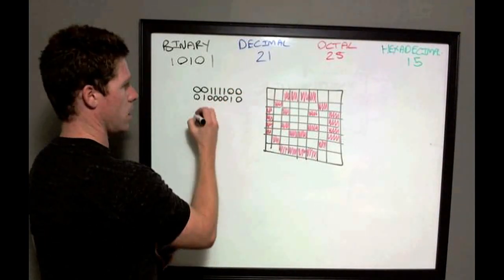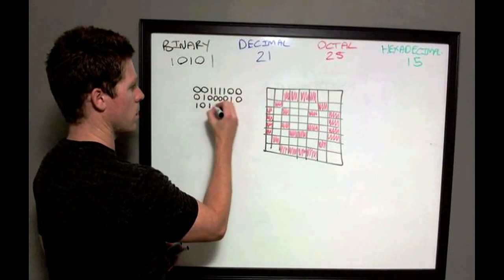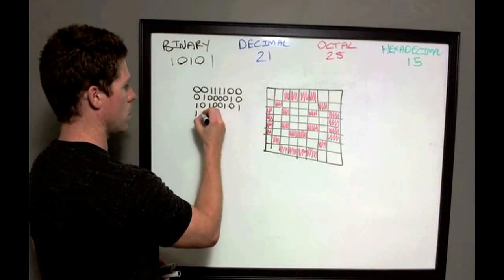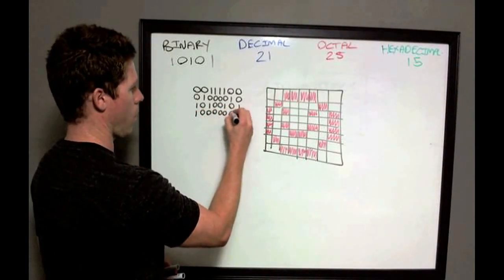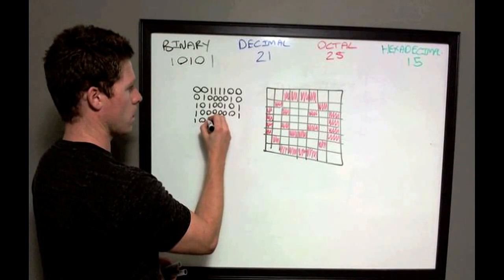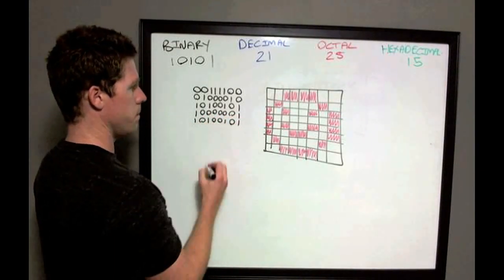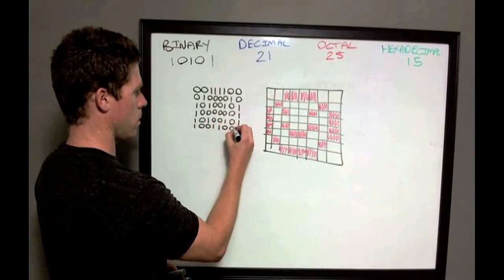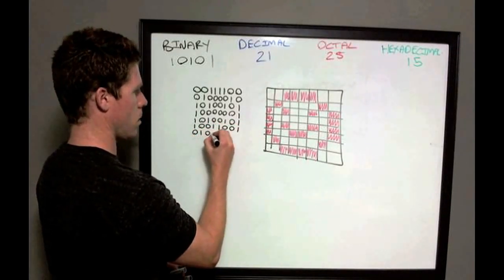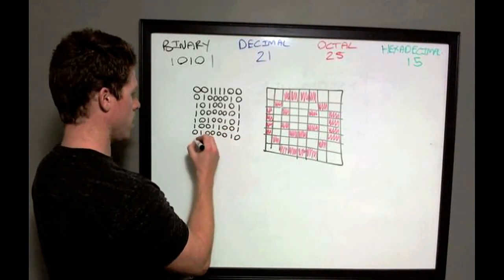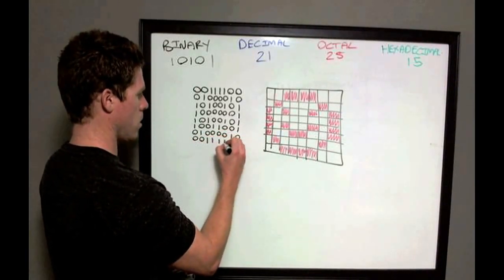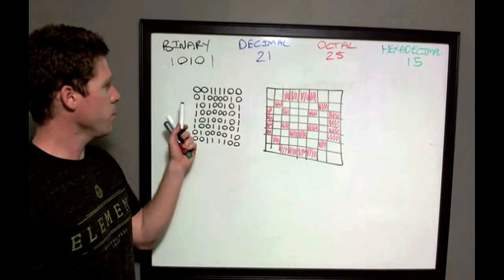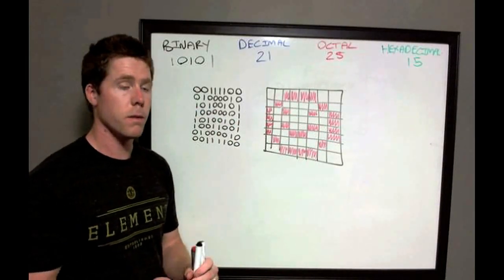So I'll just keep doing this down here. And last of all, perhaps in there you can see the smiley face again, but made up with a whole heap of binary ones and zeros.